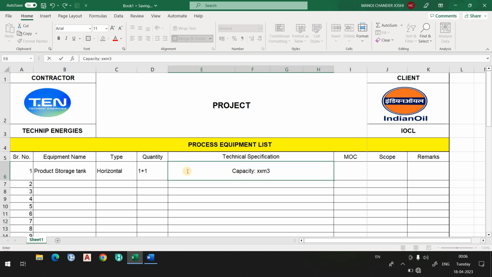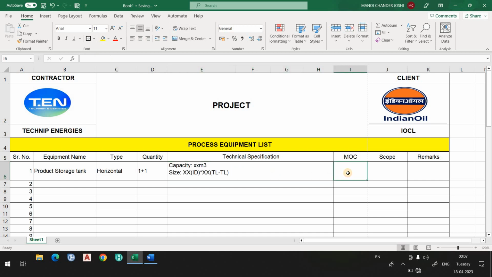Then I provide the size: you provide the ID, the internal diameter, into height, which is also xx. That height could be TL to TL and clear height as well. I hope my point is clear to you all.